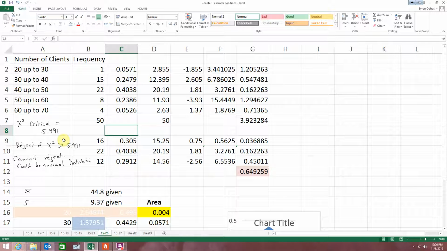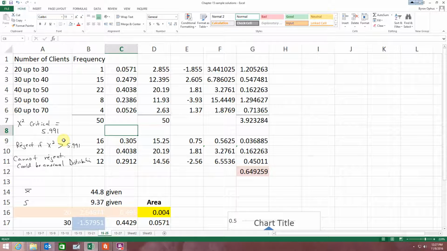Let me show you what I mean, because it says, is it reasonable to conclude that the sampled data are from a population that follows a normal probability distribution? So what I would say there is that that is my alternate hypothesis, right? That it is reasonable to conclude that the sample data are from a population that follows a normal distribution.